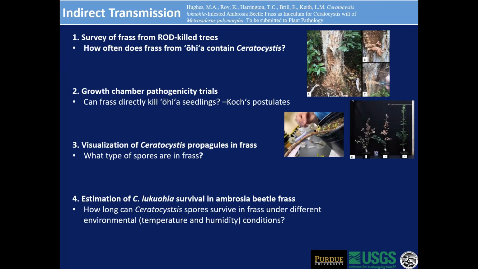The second was completing Koch's postulates: can frass directly kill ʻōhiʻa seedlings? The third part was trying to understand the spore type that we often find in frass. And finally, we wanted to know how long Ceratocystis can survive in frass.